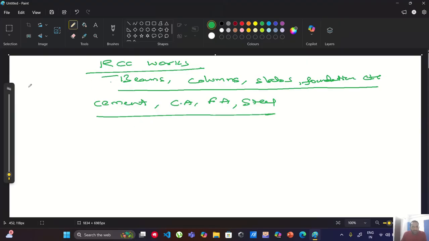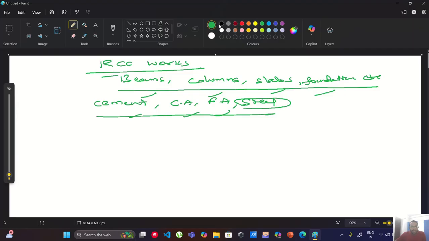R stands for reinforced, so it includes reinforcement. The steel is extra, so we have to calculate how much quantity of steel is required for the beams, columns, slabs, whatever it may be. The remaining cement, coarse aggregate and fine aggregate calculation is similar to the previous calculation.